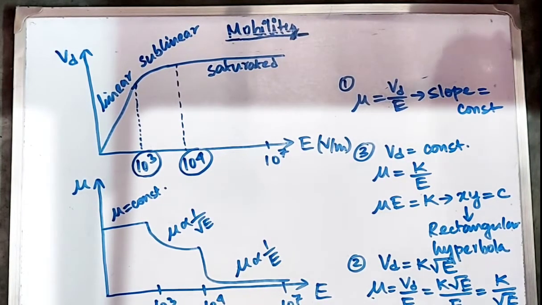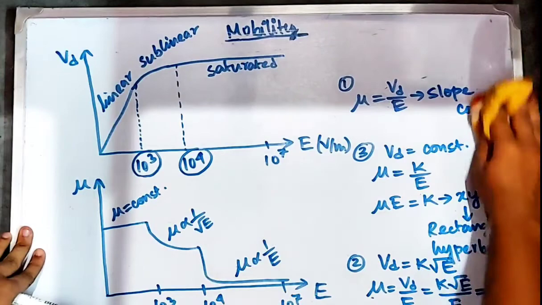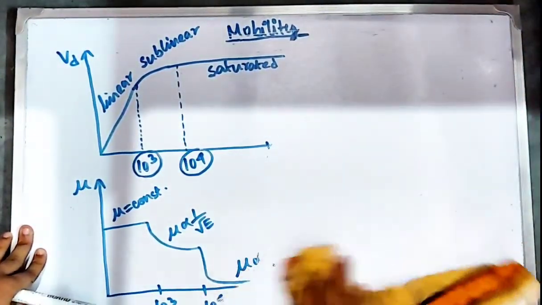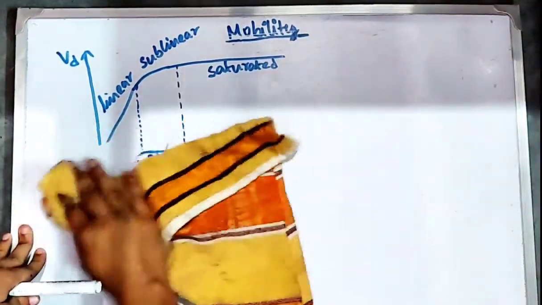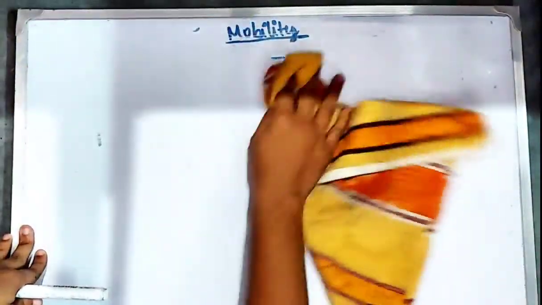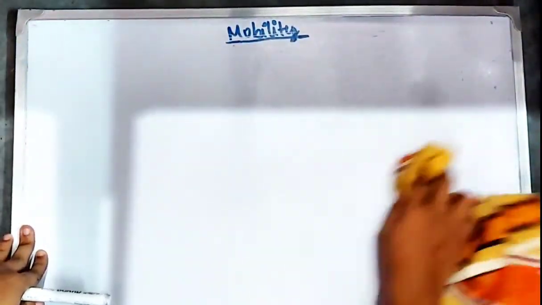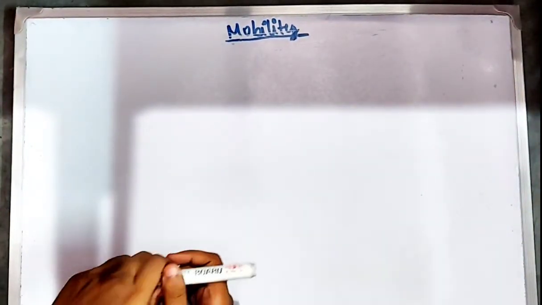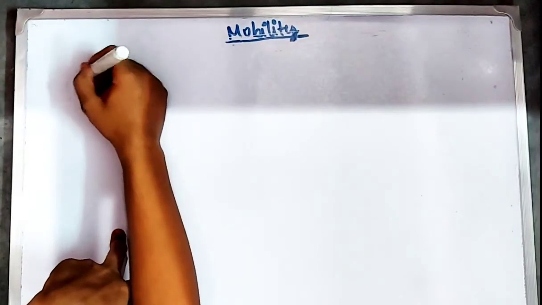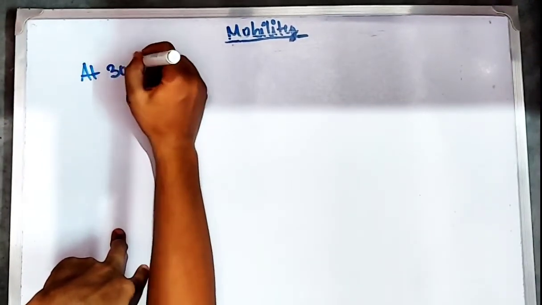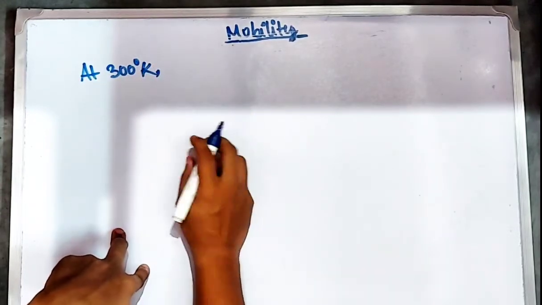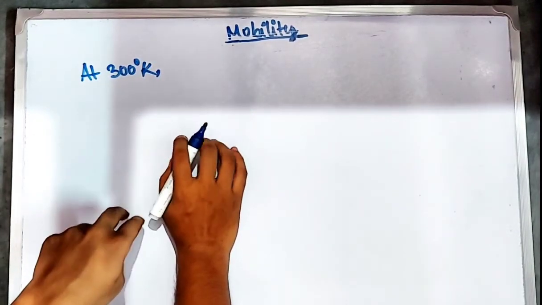Now I will write the mobility value for electrons and holes at room temperature. Sometimes it is needed to solve some problems, so we just need to remember these two values.